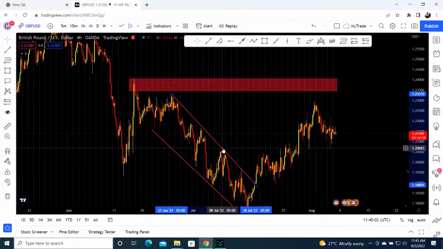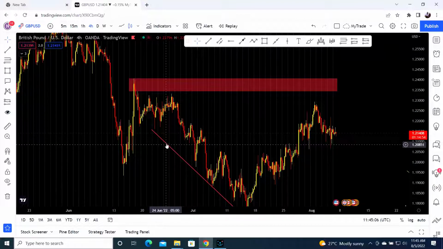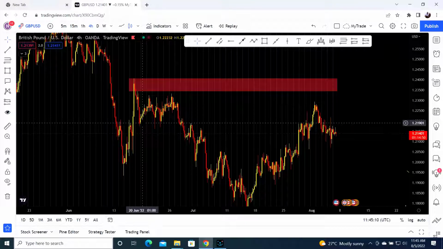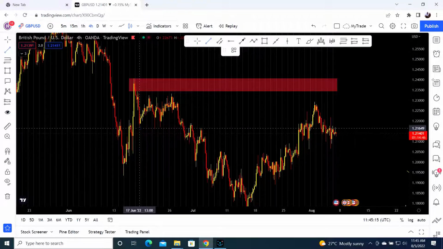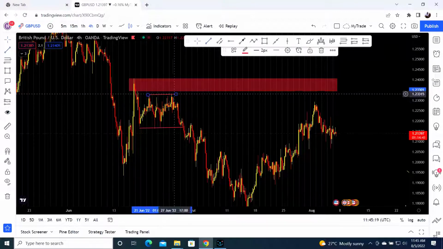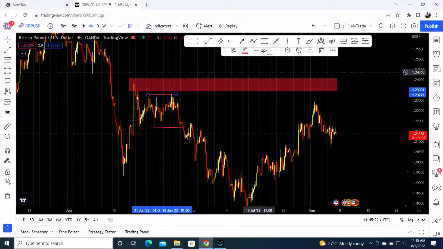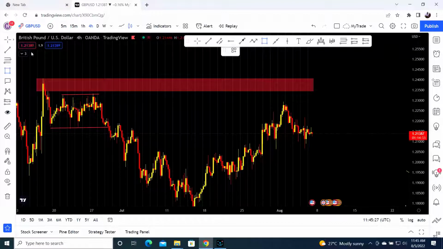Now, when you look at before this descending channel, there was an impulse in the direction of the main trend. Then after that, there was a corrective pattern over here. So impulse, correction, then the next impulse. So we can say that, let me open it a little bit.